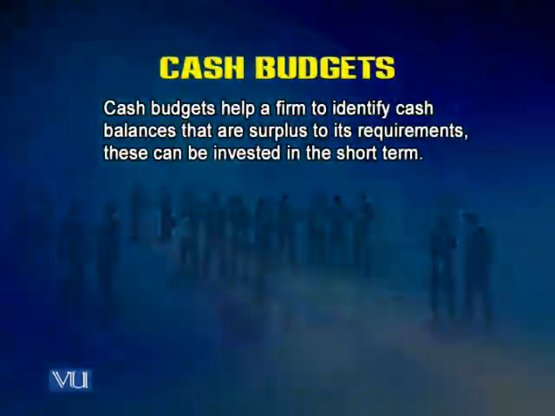In the same way, where there are positive balances, the organization will attempt to invest those short-term positive balances and obtain return on its investment. Let's look at the slide. Cash budgets help a firm to identify cash balances that are surplus to its requirements.